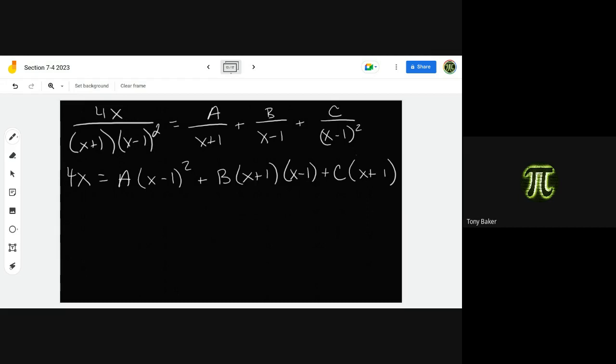All right. So x is going to be what? Let's make x 1. And that means we've got 4. The A is gone. The B is gone. So C equals 2.